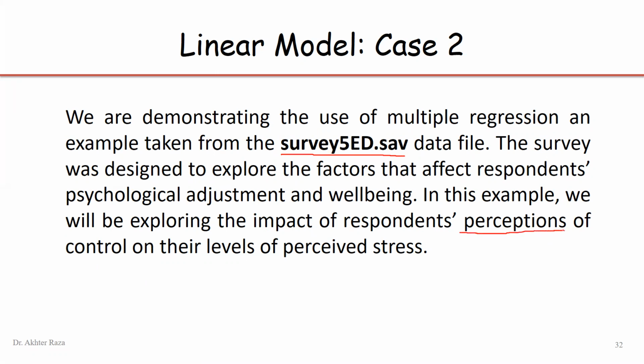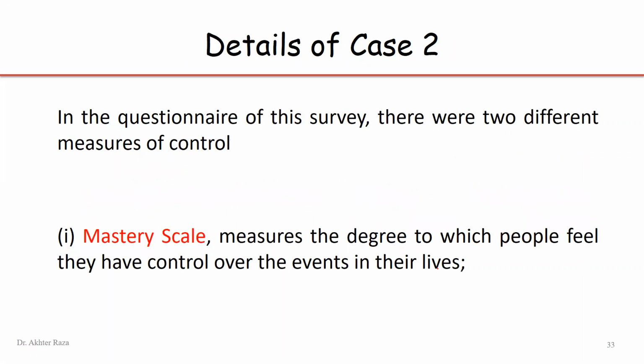One of them is the mastery control, and the other is PCOISS, personal control of internal state. These two are the predictors, and the one variable we have as a response variable, or predicted variable, is called perceived stress. So what effect do these two controls have over the stress? This is to be analyzed in this complete analysis.